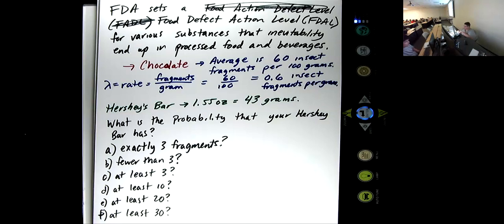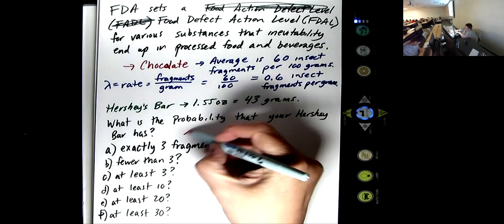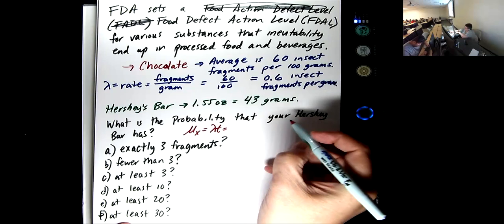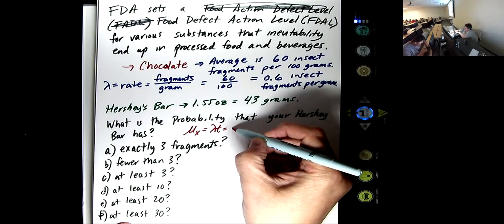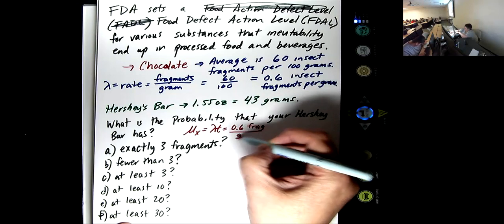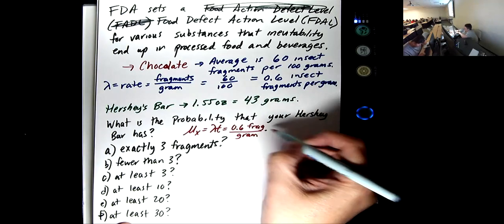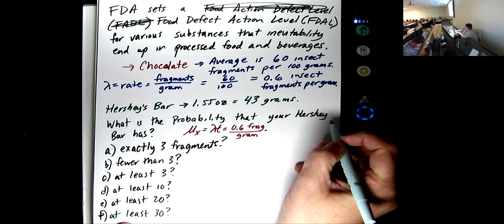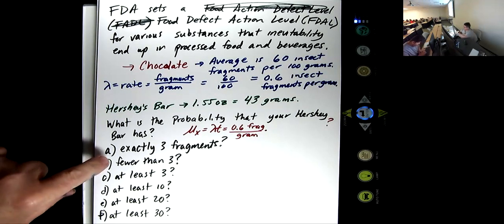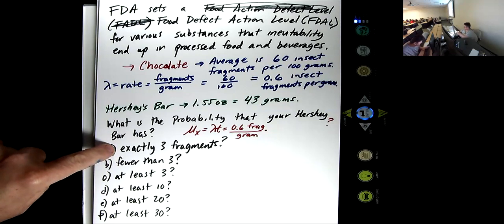So Stack Crunch requires mu of x. Mu of x is lambda times t, which is going to be 0.6 fragments per gram times what? What's t here? Well, my probabilities are all in terms of fragments.